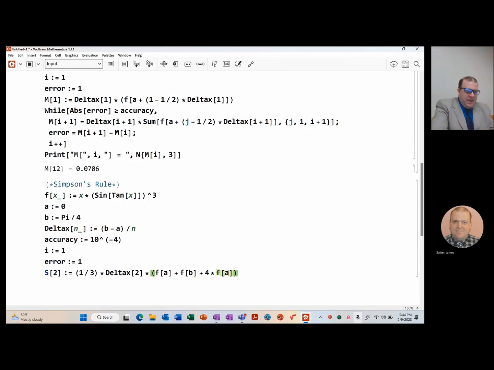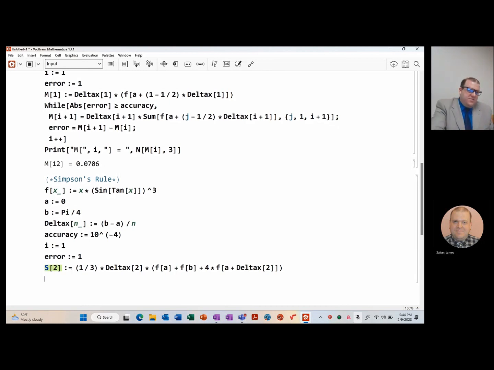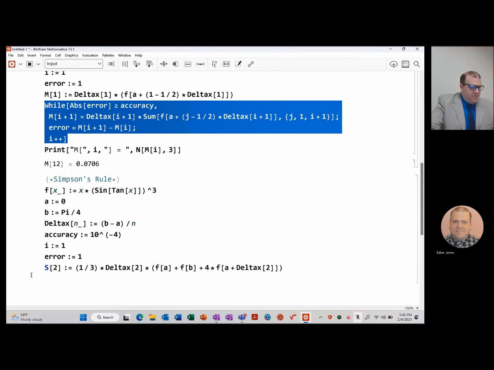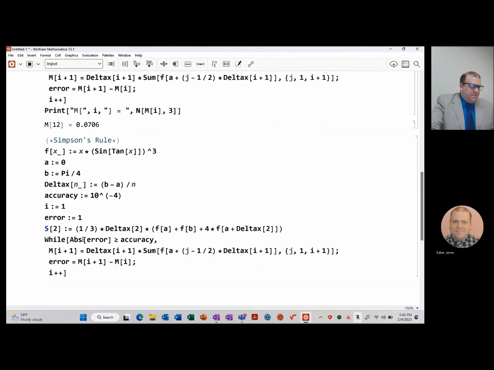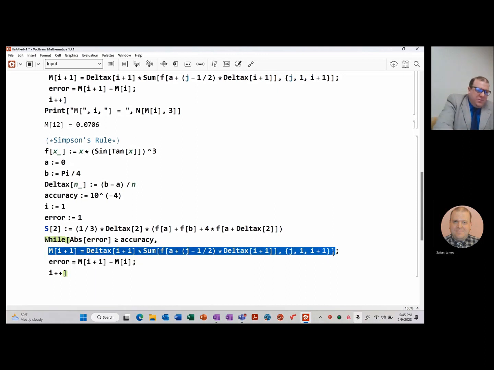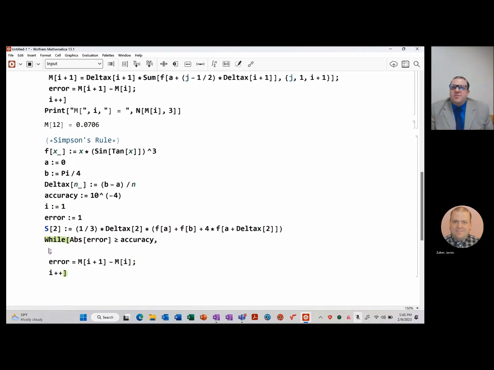So that will be f of A plus delta X of 2. The test is going to stay the same for the while loop. Only the first line of our body is going to change.